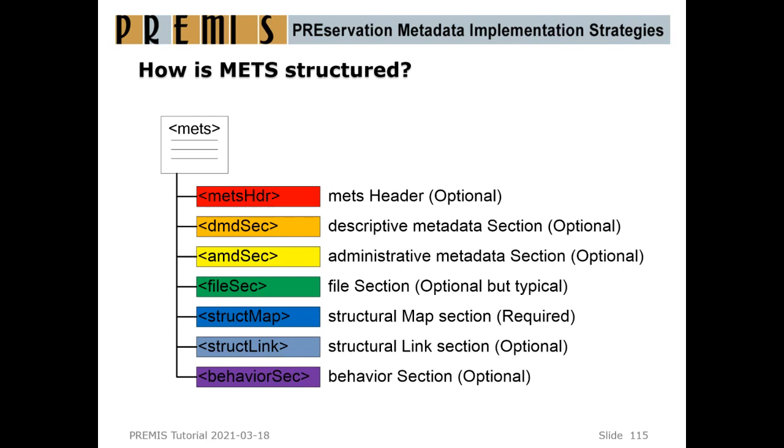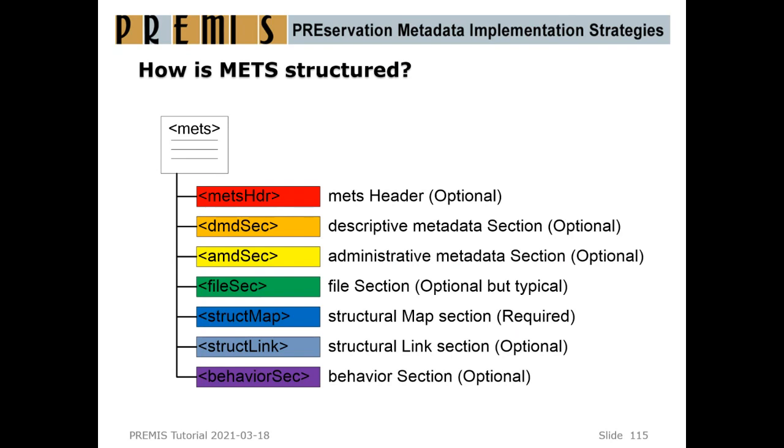Then you have the file section. There is where you describe all the files that are being transferred. The other sections above are metadata about the files, but then we need to have the files themselves. Then we have the structural map section, which is the only required element in the whole METS standard.